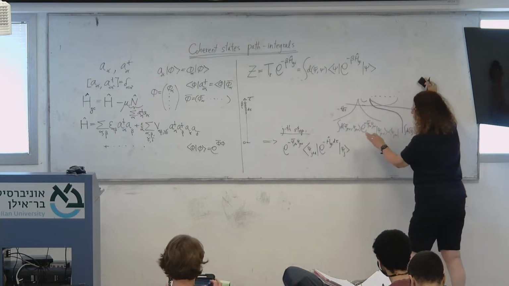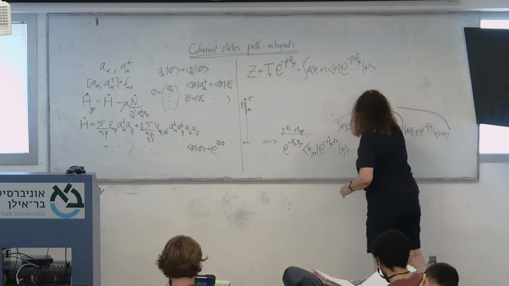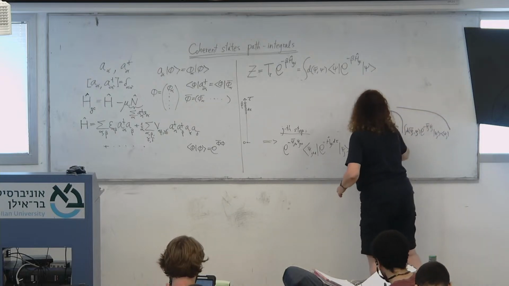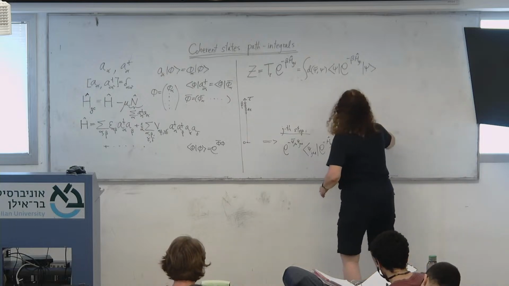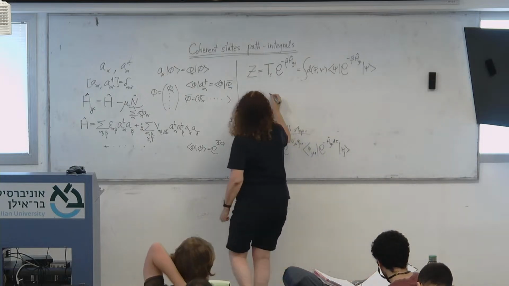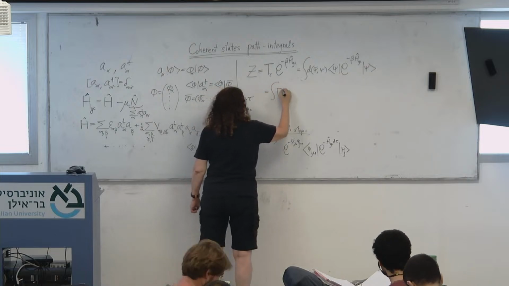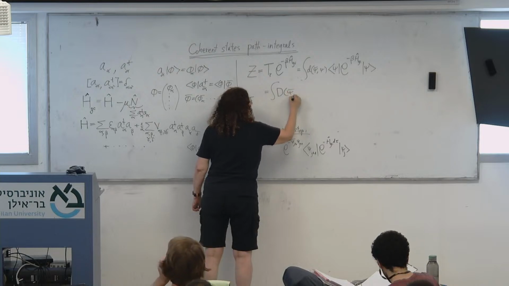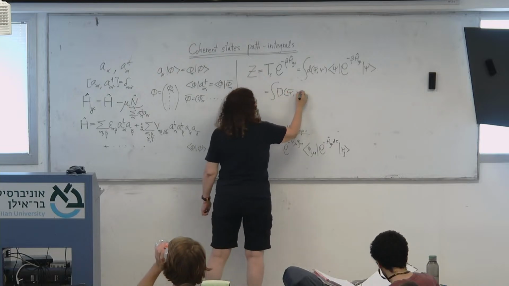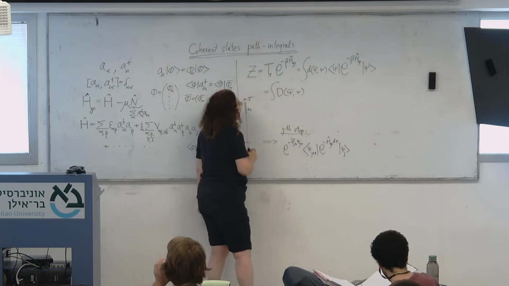Hope it's okay to erase now. I'll just erase this part. So what I'm getting is that this partition function can be expressed as an integral with a capital D. I will define it soon.